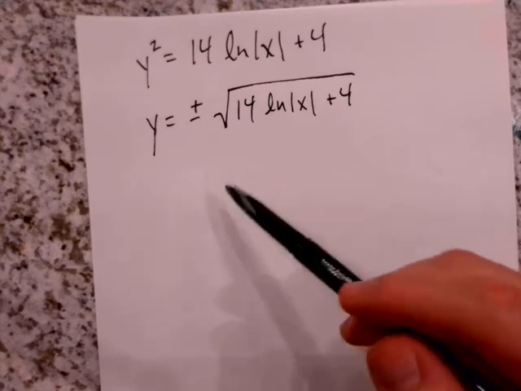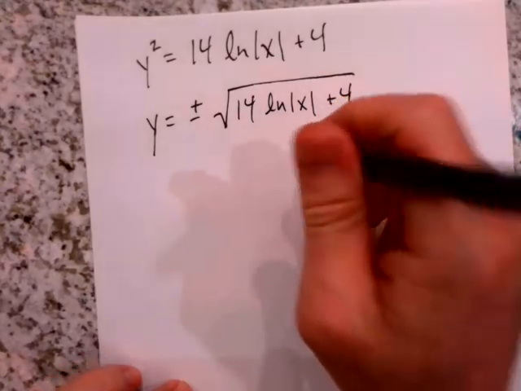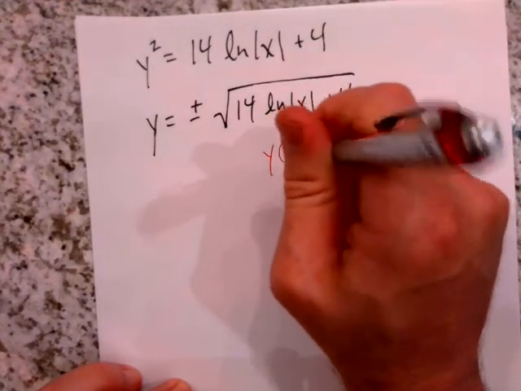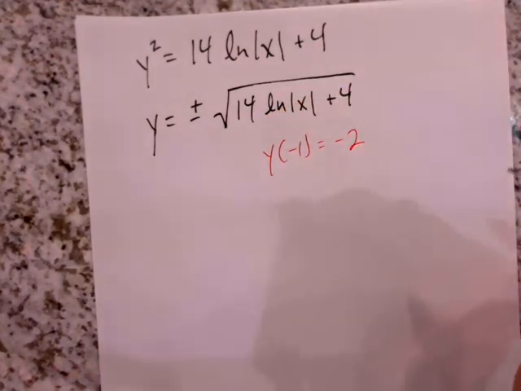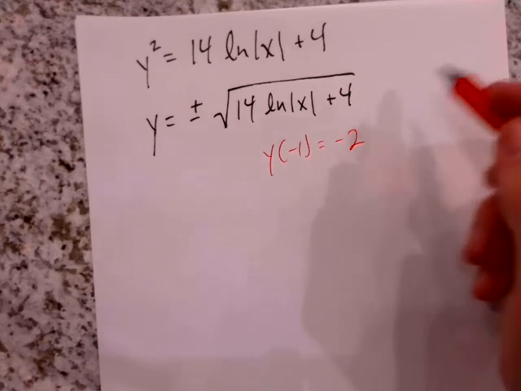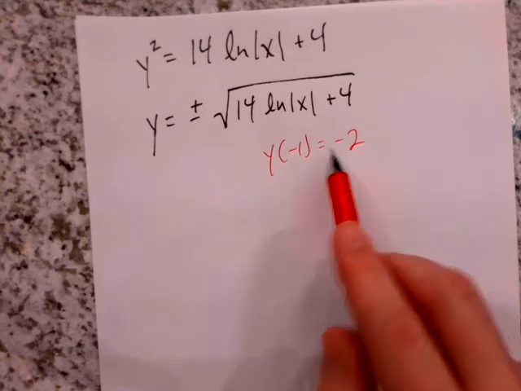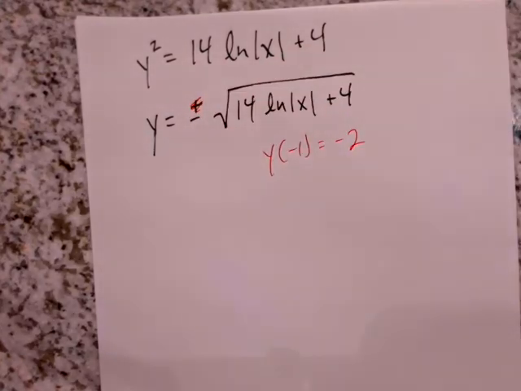So to see if we have a positive or a negative in front, we go back to our initial condition. The initial condition was y of -1 equals -2. That means that we had a negative answer, which means we have to have the negative square root.